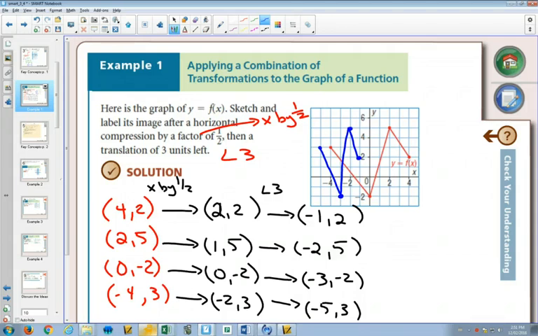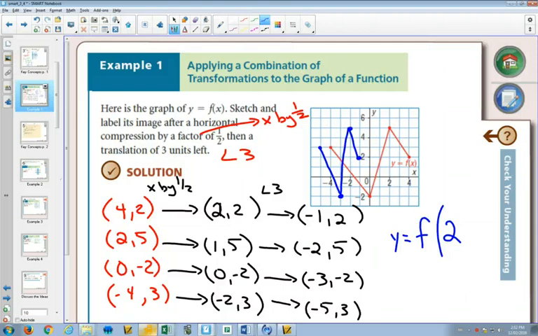But the hard part and the special note that we're going to write down for any time that we have a horizontal stretch compression with a horizontal translation, when we go to write this equation, everything is going to happen inside the function. And we looked at this a little bit yesterday. How do we write this? Multiplying by 1/2 is going to be a 2.